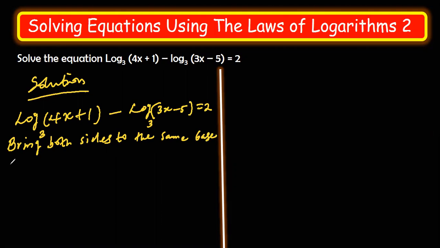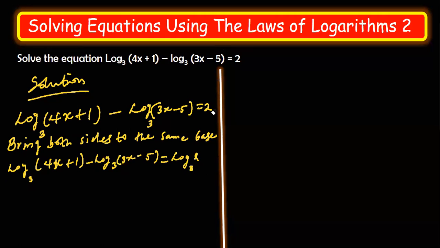So we are going to have log(4x + 1) in base 3 minus log(3x - 5), also in base 3, equal to log 2 in base 3. This is what we mean by saying bring both sides to the same base.